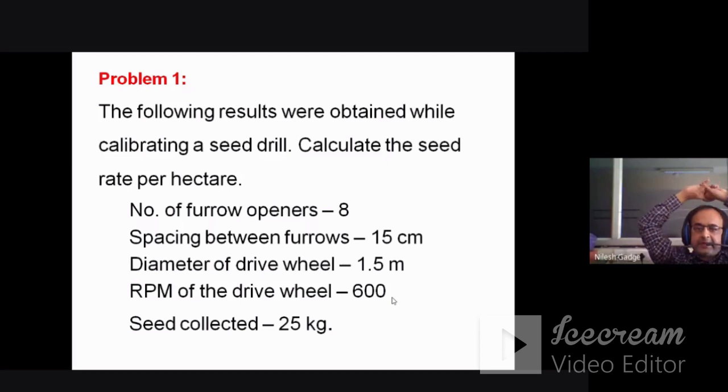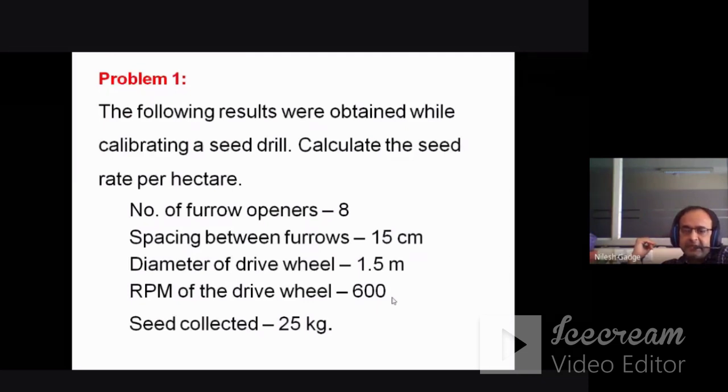Calculate the seed rate per hectare. Number of furrow openers is 8. Spacing between furrows is 15 centimeter. Diameter of the drive wheel is 1.5 meter. RPM, revolution per minute, or the speed of the engine, sorry, speed of the seed drill. Revolution per minute of the drive wheel is 600 RPM. This is the rotating speed of the drive wheel, 600 RPM. Seed collected is 25 kg.